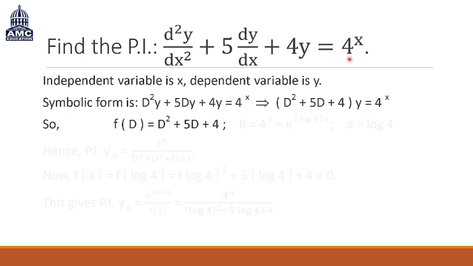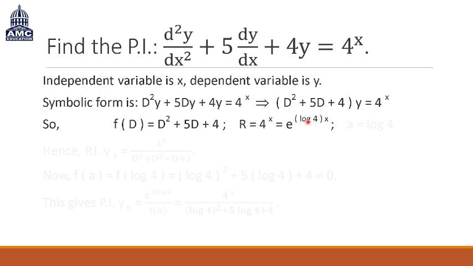Now we'll find out the r and also the a. The r is 4 to the power x, as you can see on the right hand side. Now this 4 to the power x can be written as e raised to the power log 4 times x. How do we do that? Log 4 multiplied by x is basically x multiplied by log 4, and multiplication is commutative, so x multiplied by log 4 is log of 4 to the power x.